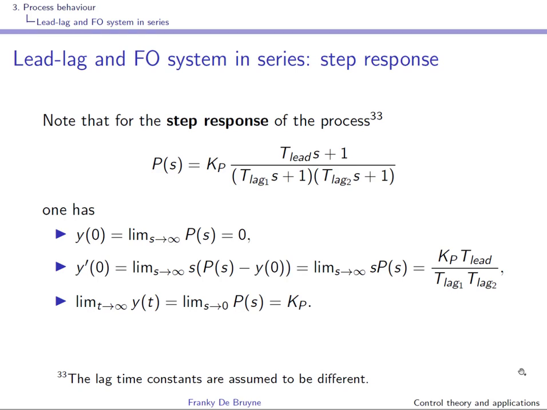Note that whenever the relative degree is 1, so that's the degree of the denominator minus the degree of the numerator, you will always have a step response at the origin that is 0 and a slope at the origin that is non-zero. Another example of a transfer function with a relative degree 1 is of course a first order system.